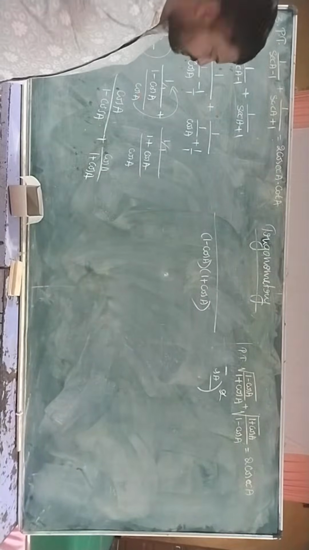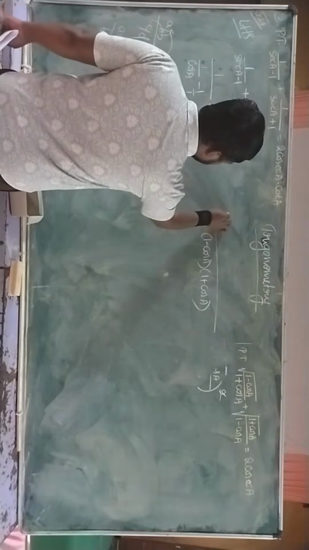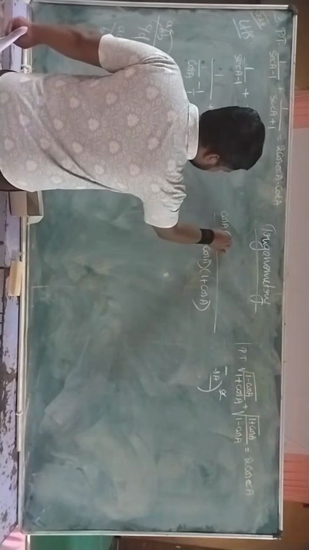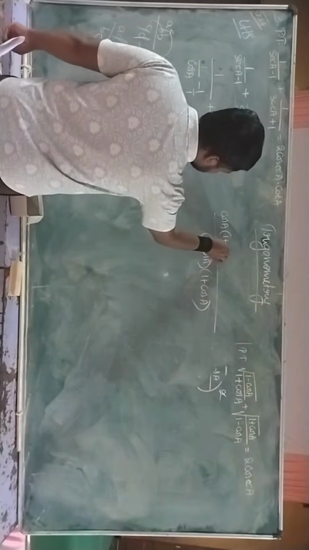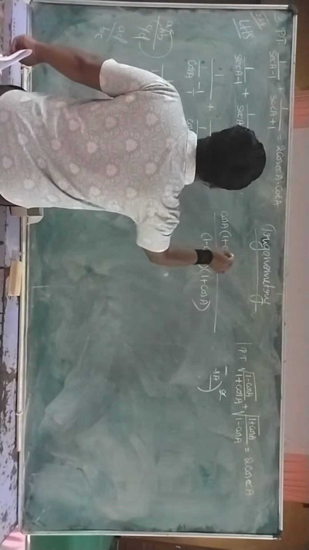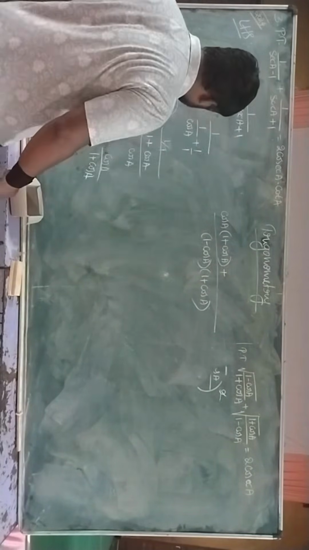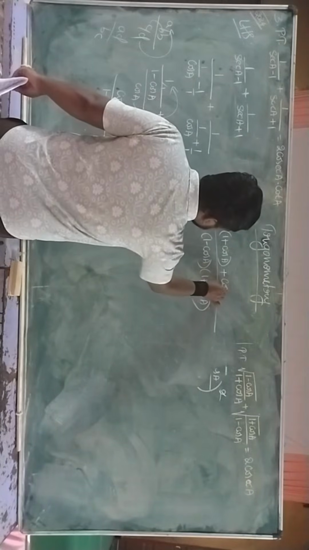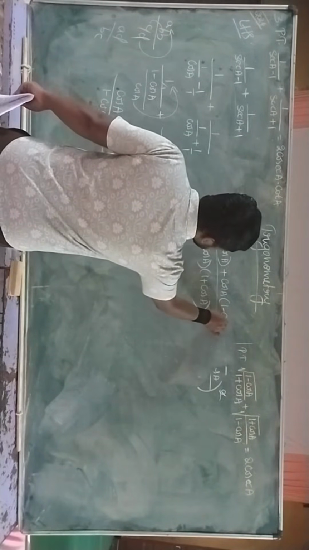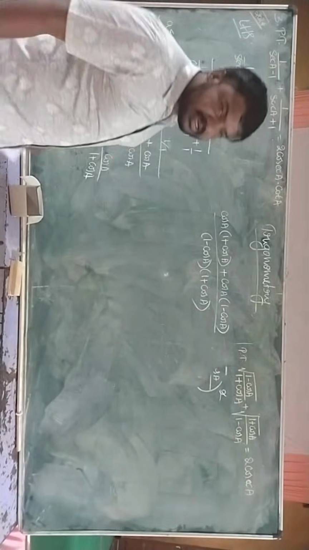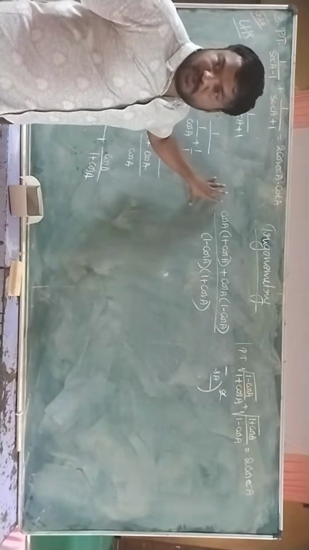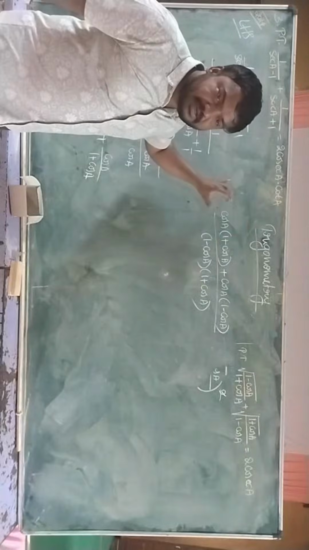Am I right? It's now cos A into (1 plus cos A) plus cos A into (1 minus cos A). Okay. So instead of multiplying, do not multiply here. Cos A is common. Take it outside.